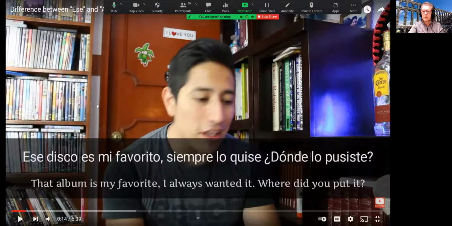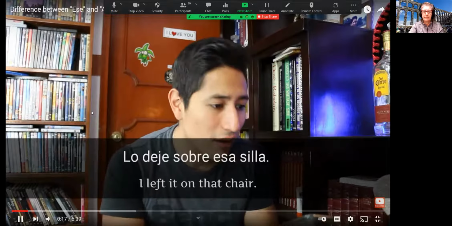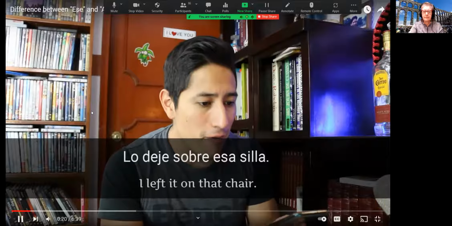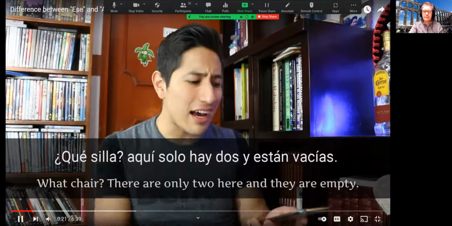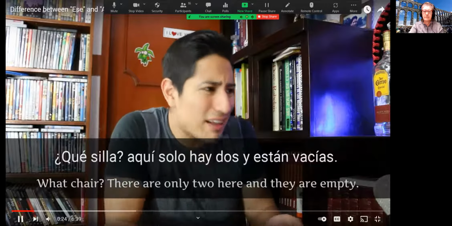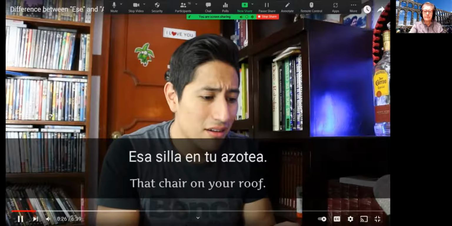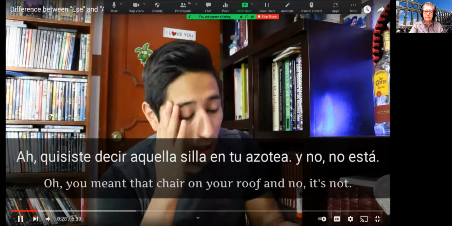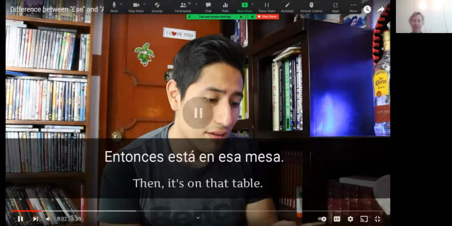I always wanted it. ¿Dónde lo pusiste? Where'd you put it? Lo dejé sobre esa silla. I left it on that chair. ¿Qué silla? Aquí solo hay dos y están vacías. Esa silla en tu azotea. Quisiste decir aquella silla en tu azotea y no está.